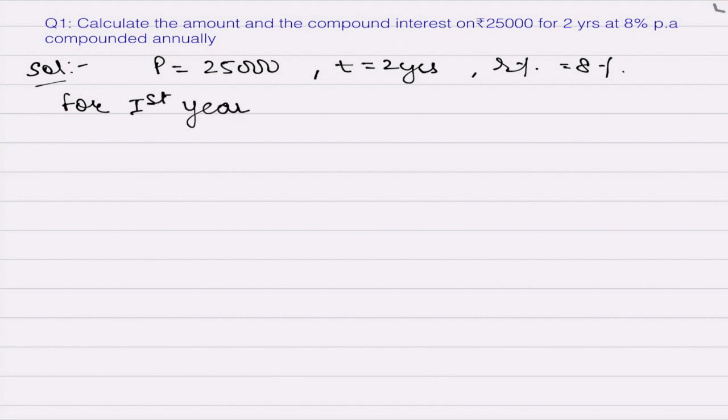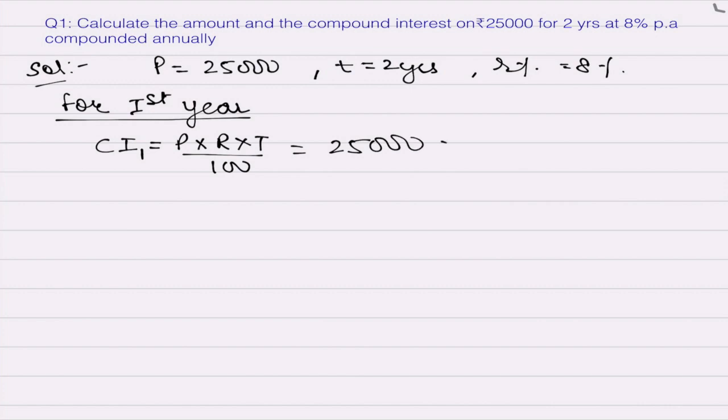So the compound interest for the first year, same formula, P into R into T upon 100. Principal is 25,000, rate is 8, and time period here is 1 year, so it is 1 upon 100. After calculating, we see the compound interest is 2,000 rupees.